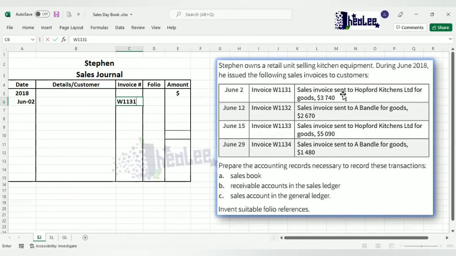The transaction reads sales invoice sent to Upford Kitchens Limited for goods 3,740. So let's complete this entry. Our customer is Upford Kitchens Limited, and the amount is 3,740.